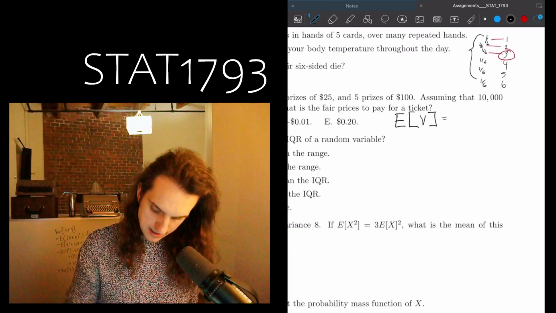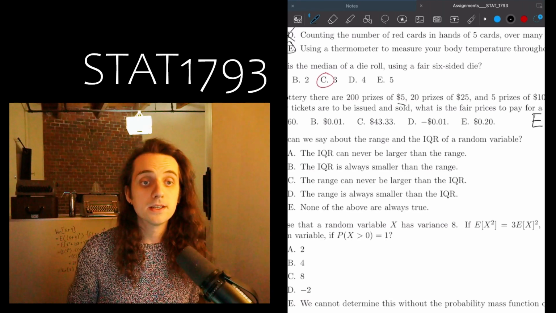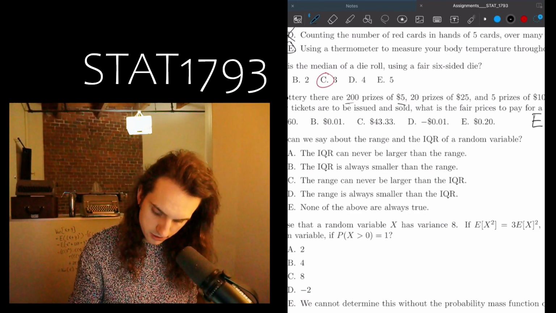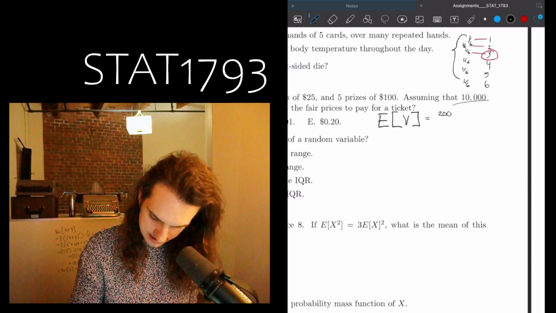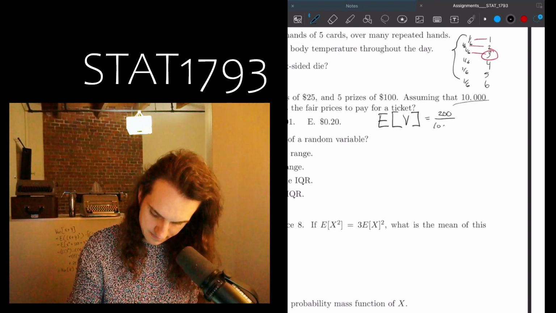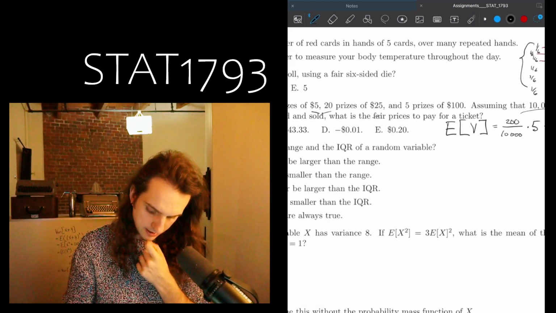So we can take on $5, and the probability that it's a $5 ticket is going to be 200 out of the 10,000, right? So we have 200 out of 10,000 times 5, plus there's going to be 20 at $25.